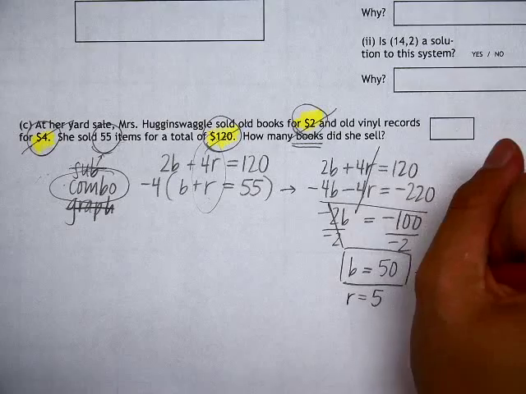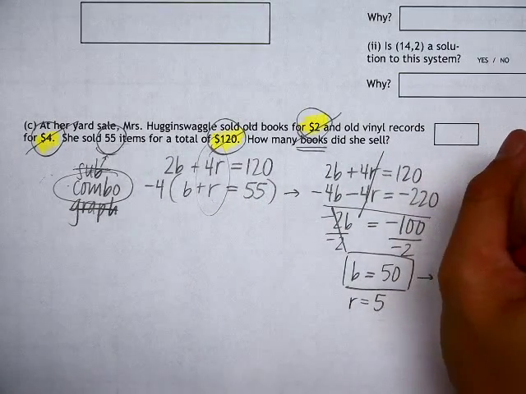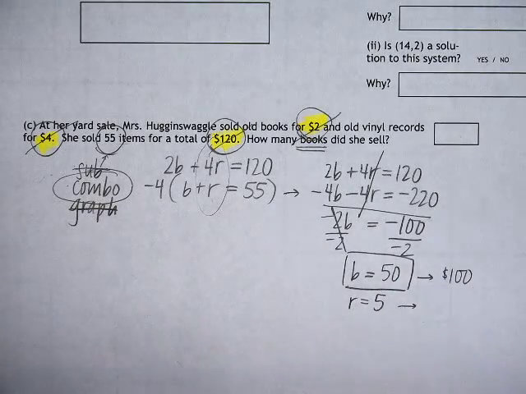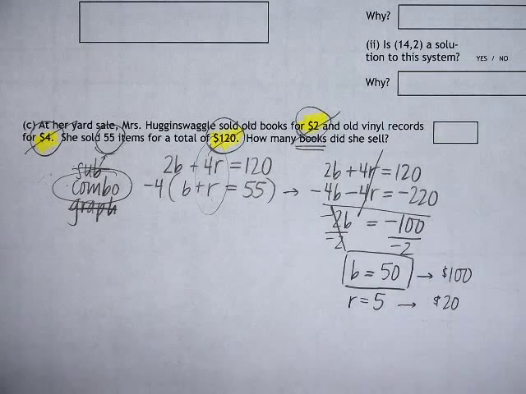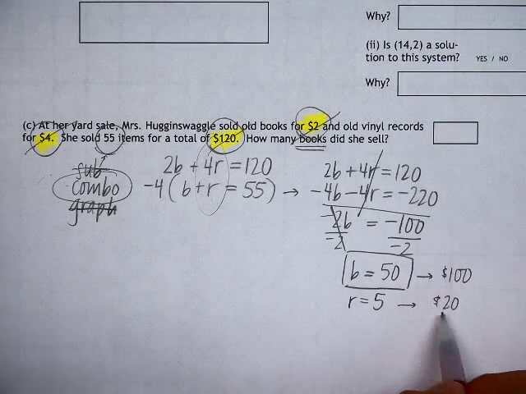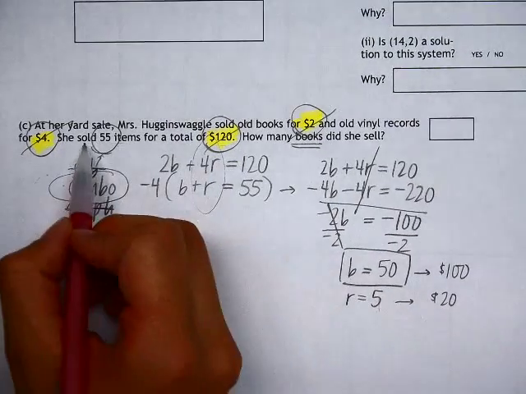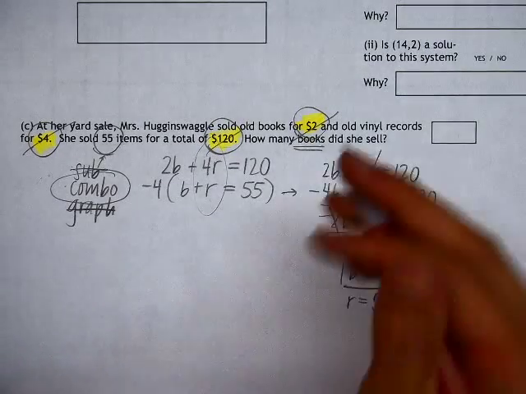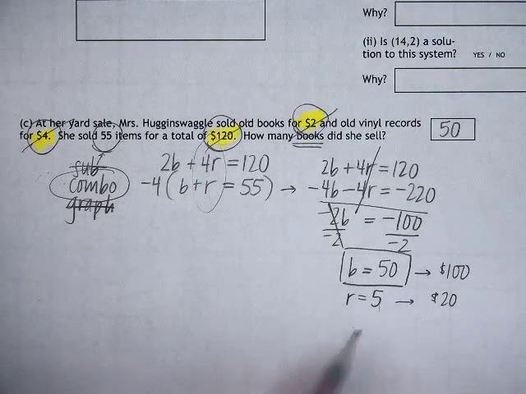If she sold 50 books at a price of $2 a piece, that means she made $100 on books. If she sold 5 records for a price of $4 a piece, that means she made $20 on records. And if we look carefully, that would mean she made a total of $120, which is what we needed. She sold a total of 55 items, which is what we needed. So we know we solved correctly, and we verified it. So she sold 50 books, and even though we weren't asked for it, 5 records.